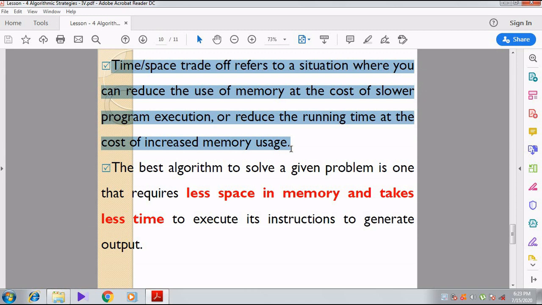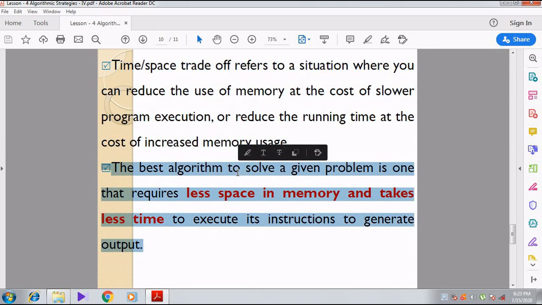Whenever the running time is less, we can go with the cost of increased memory usage, right? The best algorithm to solve a given problem is one that requires less space in memory and takes less time to execute its instructions to generate the output. So always we want to go with a minimized manner.